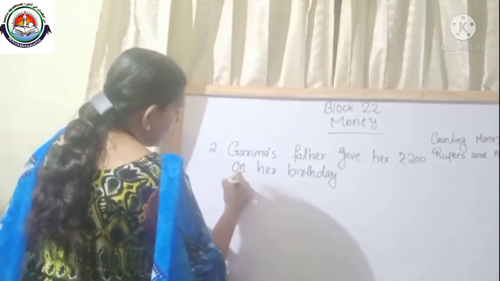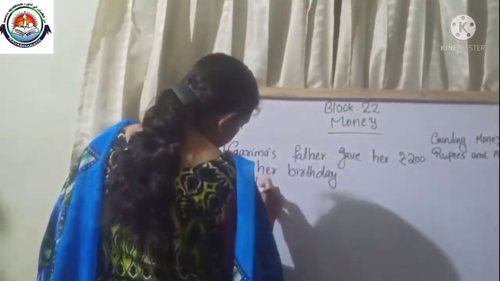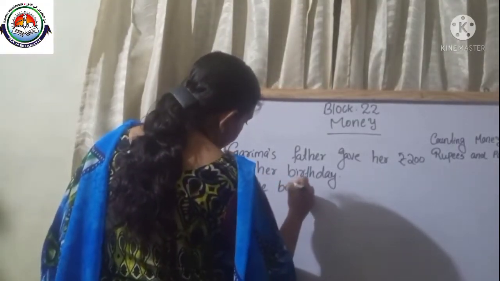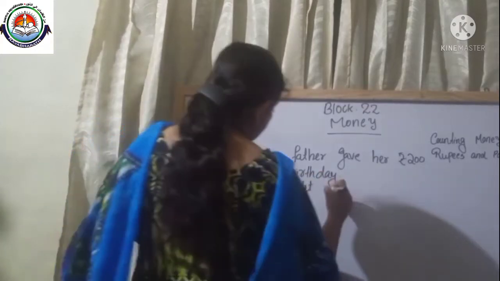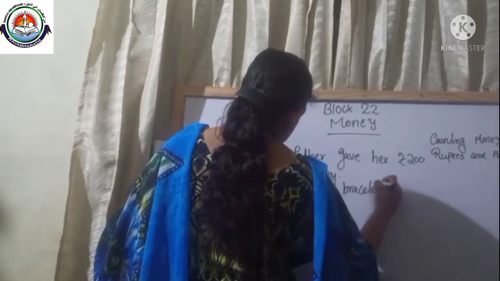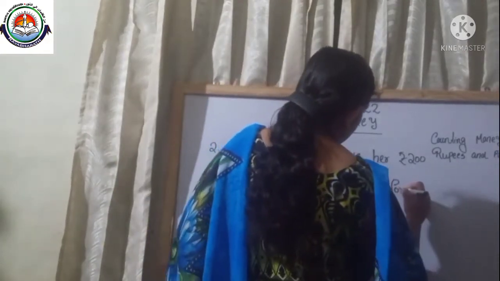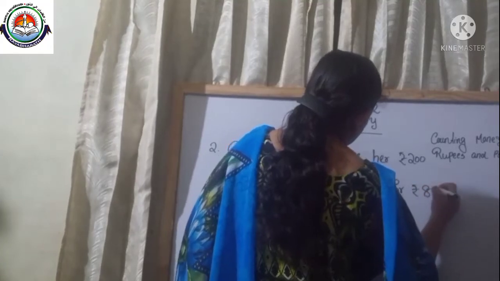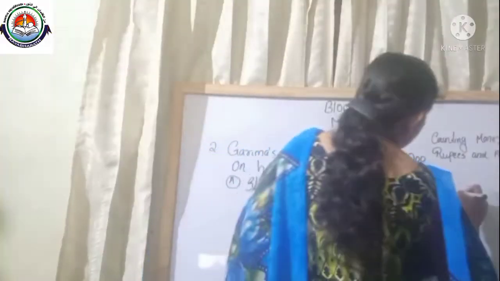From that, question A: she bought a bracelet for rupees 85, a ring for rupees 58, and a pair of earrings for rupees 53.